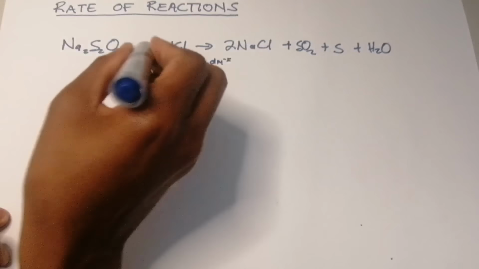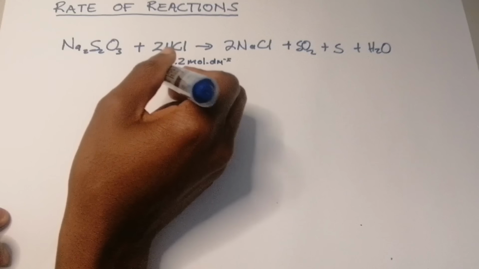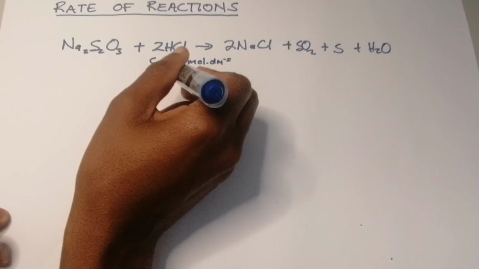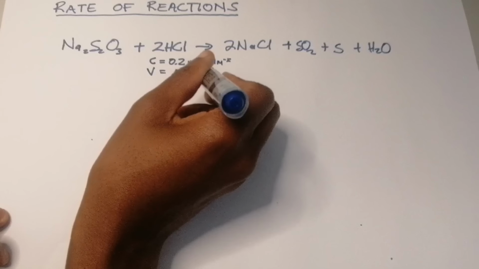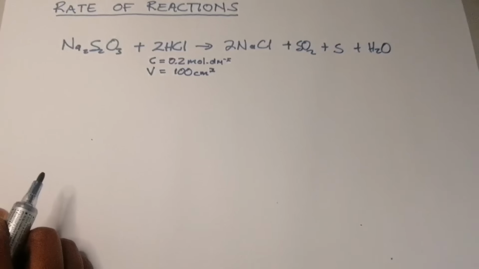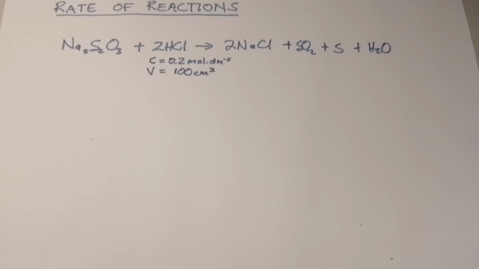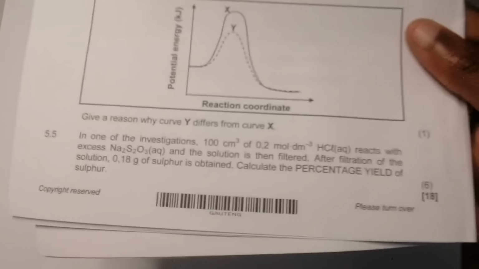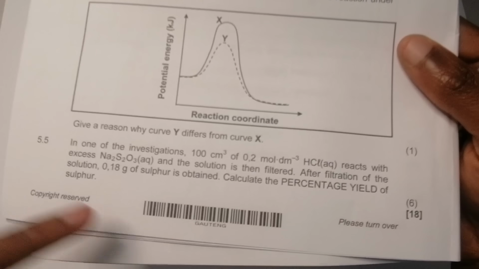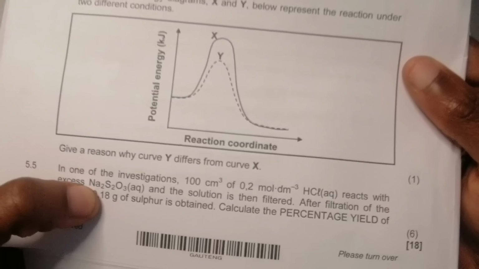Okay, and they also gave me the volume of the acid to be 100 cubic centimeters. Okay, right, and then what they do tell me is that they react, they say after filtration, right? Now please, before we get to the filtration part, they say reacts with excess sodium thiosulfate.